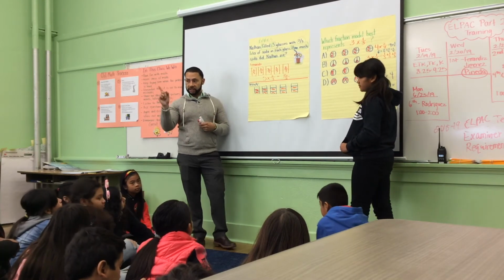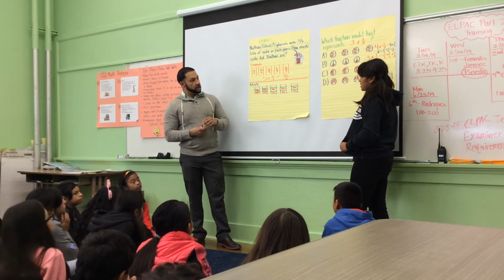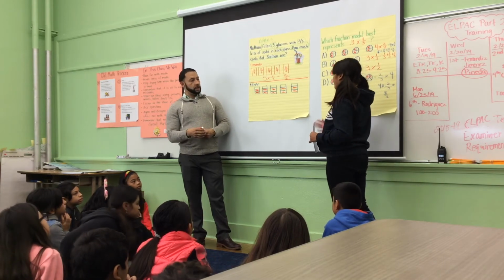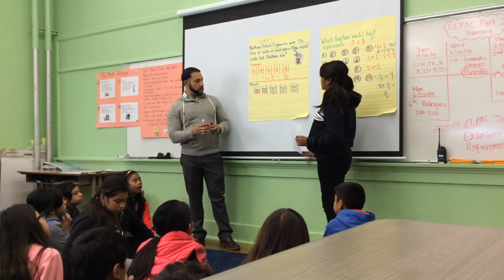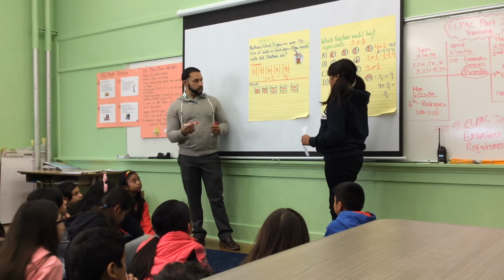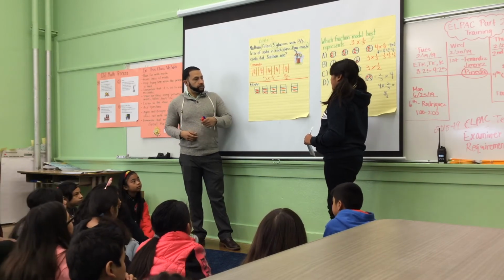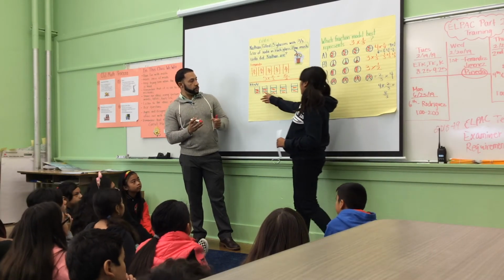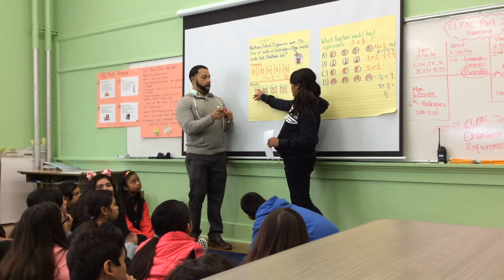Check this out. This is the part that I want you to see. I found out a way how to get the answer. So I got one of these and I put them over here. Look what she did.